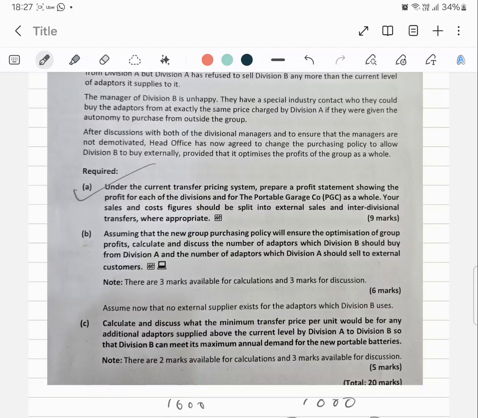Okay, so how B should buy from A. Currently B is buying from A at the cost of 13, right?